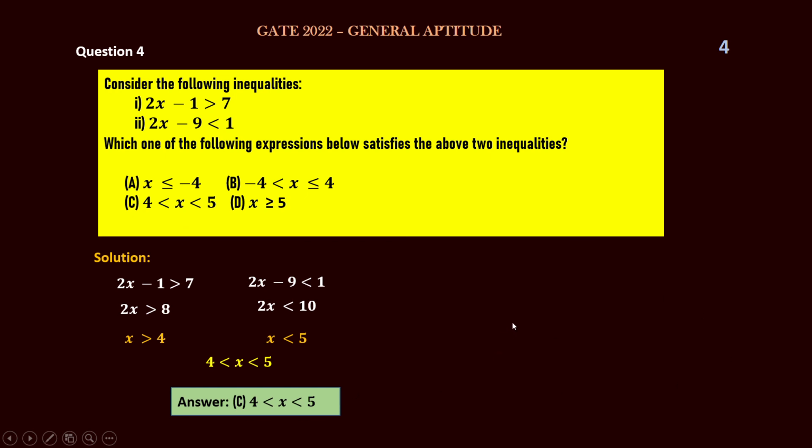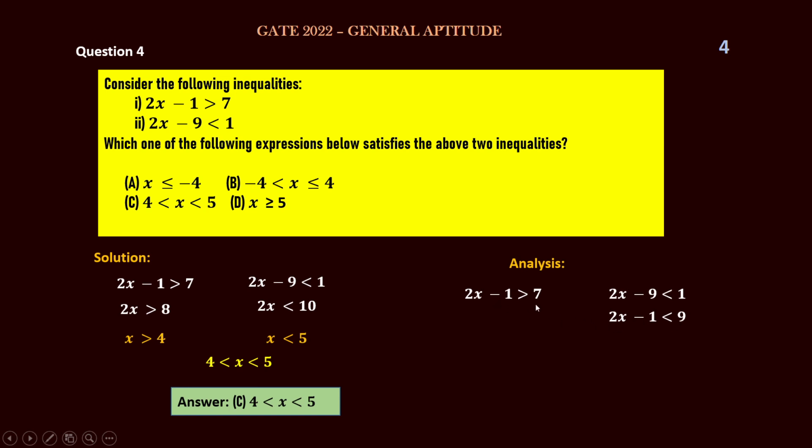So here analysis can be given for inequalities. They asked for x here, but they can ask for the terms also. The two inequalities are 2x minus 1 greater than 7, 2x minus 9 less than 1. We can rearrange this inequality as 2x minus 1 less than 9.